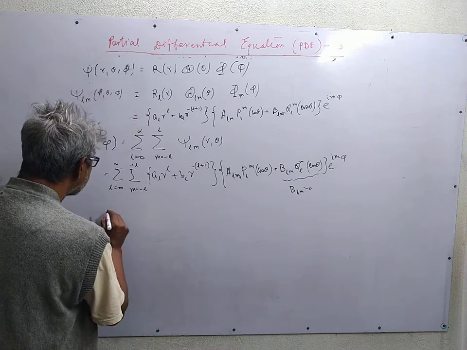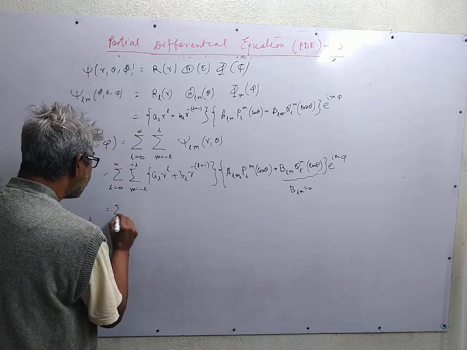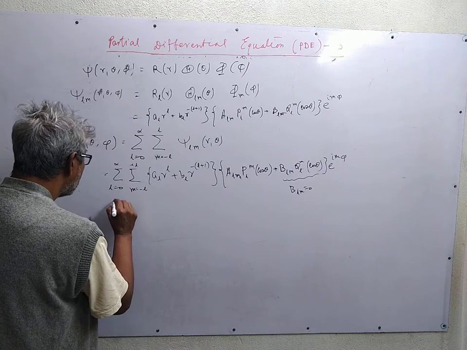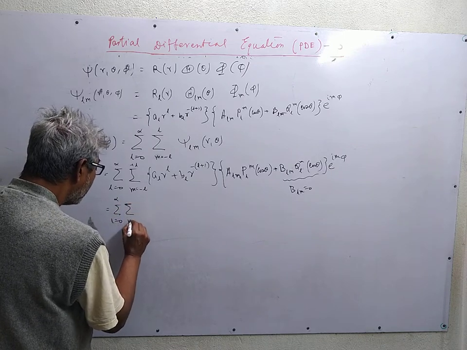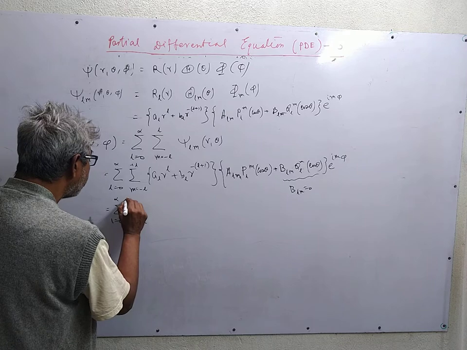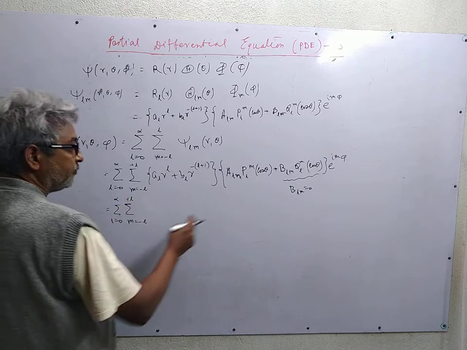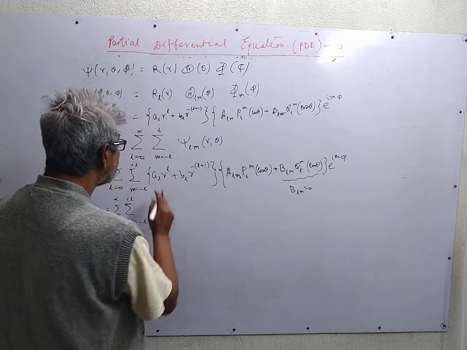So we write the solution as the sum over L is equal to 0 to infinity, M is equal to minus L to plus L, and this constant is adjusted with this.